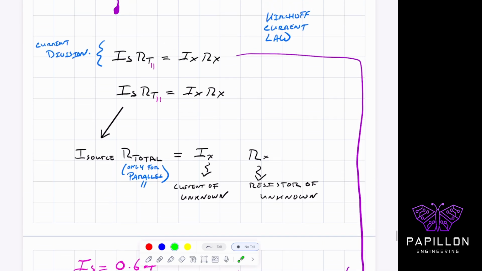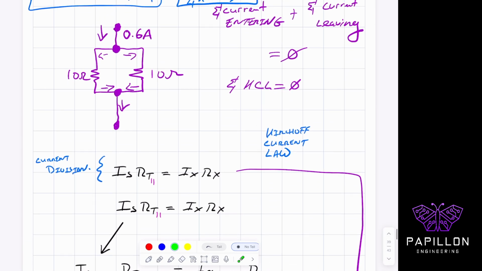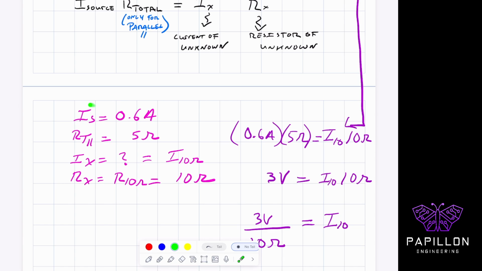Okay, let's try this out in practice. If I wanted to solve for the current through, remember they both are 10 ohm resistors, right? If I want to solve for the current through one of the 10 ohm resistors, this is how it's going to look. We know the source current is 0.6 amps. We know the total resistance is 5 ohms.